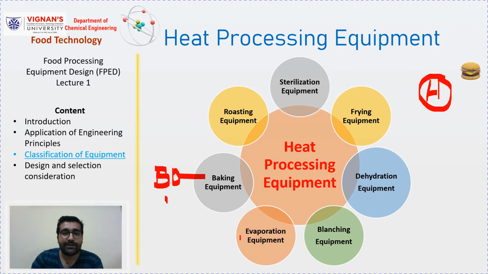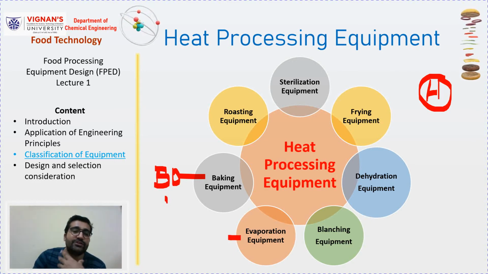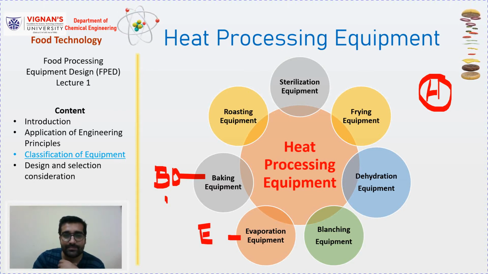Then come the evaporative equipment, in which we increase the concentration of the product. It can be evaporators or condensers. I'm giving the short forms so that it will be helpful for you.